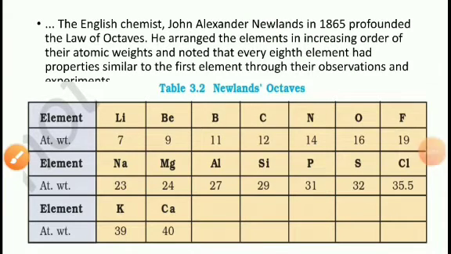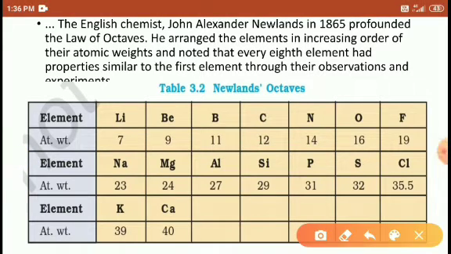Next, students, after the Dobereiner triads, one more scientist came. His name is Newlands. John Alexander Newlands, in 1865, propounded the law of octaves. He arranged the elements in increasing order of atomic weight and noted that every eighth element has properties similar to the first element.